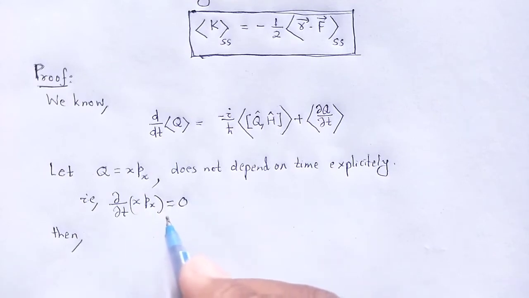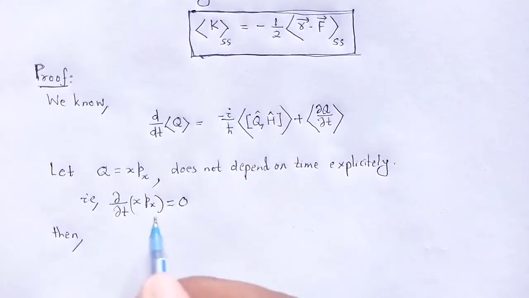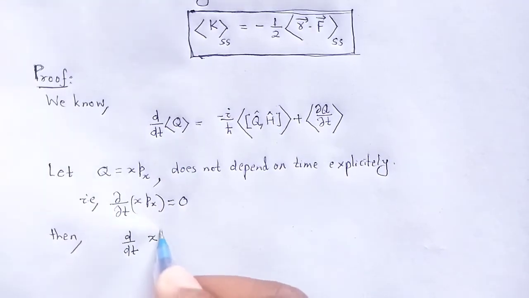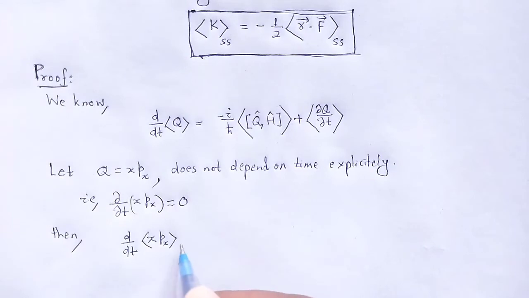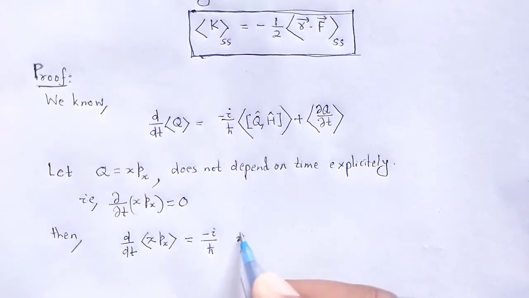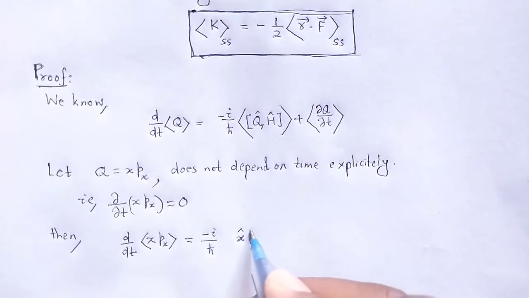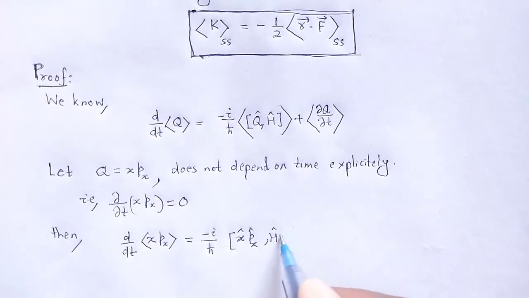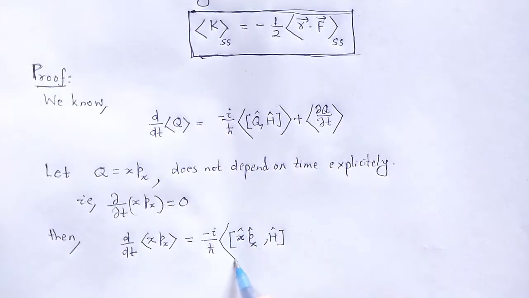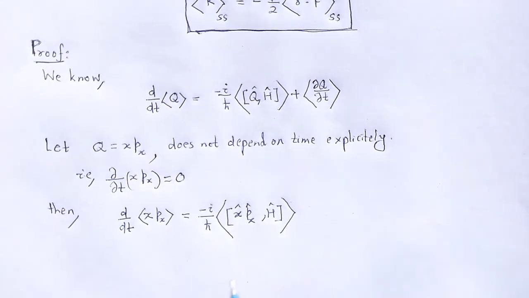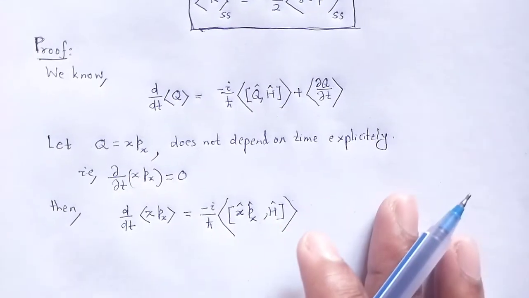Therefore, d by dt of the expectation of x px is equal to minus i by h cross, the expectation of the commutator bracket of x cap px cap and H cap. Now, what is the Hamiltonian?